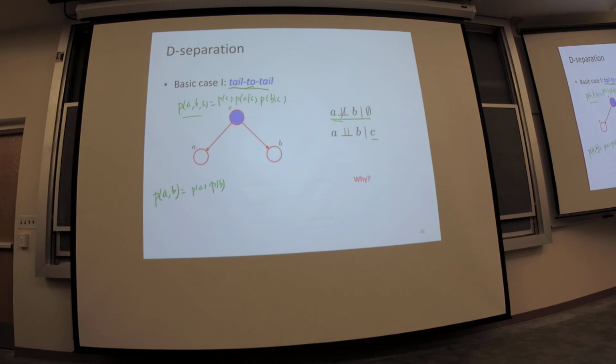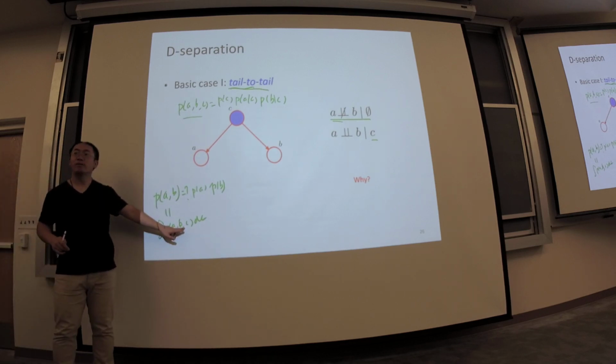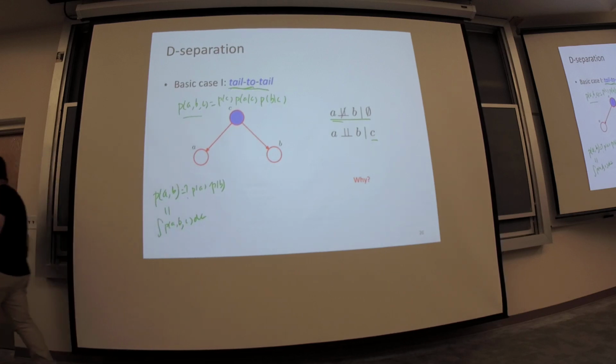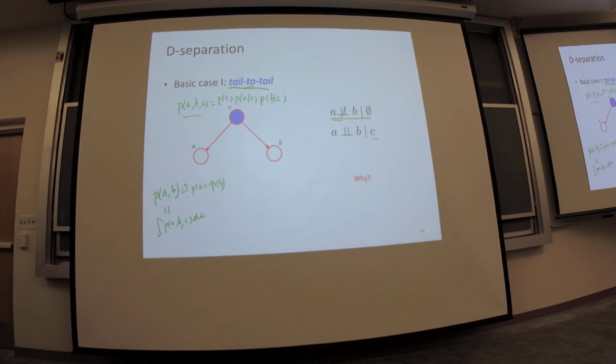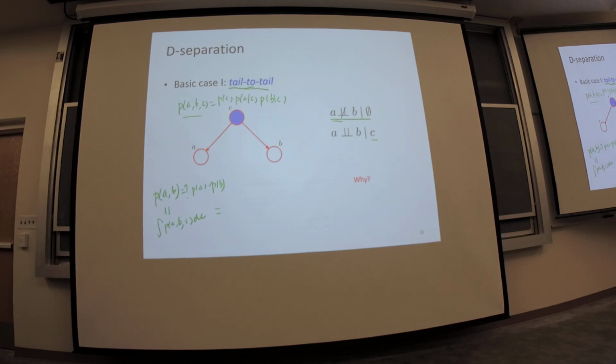So we know P of A and B is equal to the joint probability with C marginalized out. So if we use the factorization structure reflected from this network, we have to integrate out C in this product.